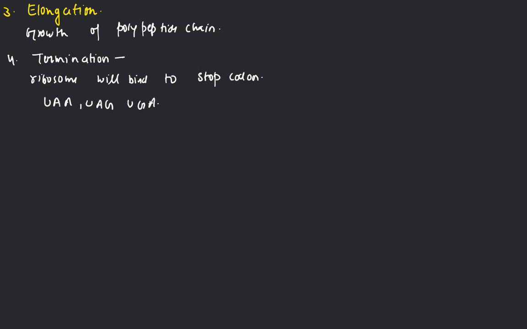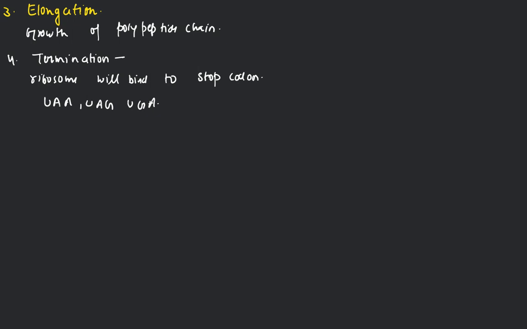So what happens during the process? In initiation, the translational complex forms and the tRNA brings the first amino acid of the polypeptide chain to bind to the start codon. In the second step, elongation, the tRNA brings amino acids one by one to the polypeptide chain, so each amino acid is added to the chain.